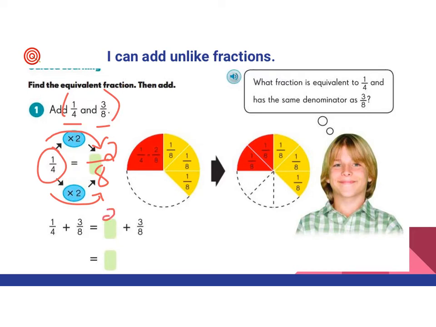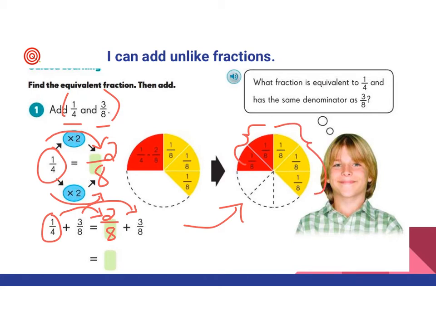So now my new problem is 2/8. So first I made like fractions by finding the equivalent fraction for one of them. So now my new problem is 2/8 plus 3/8. And looking at this diagram over here, that's showing us 2/8 plus 3/8.